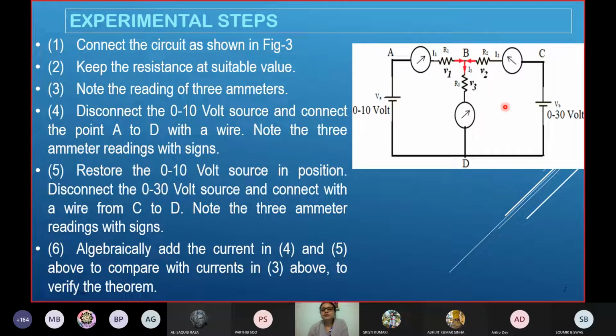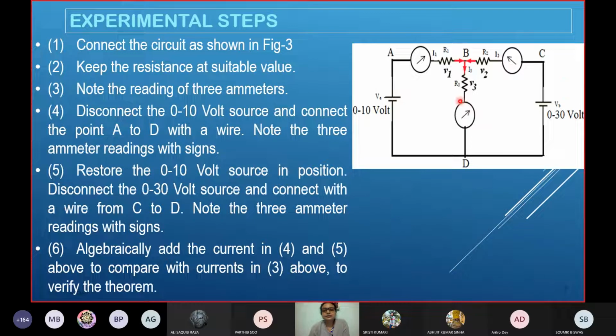Three ammeters are considered over here, connected in series with the resistances. The ammeter to measure the current flowing through R1 is in series here. For measurement of I2, ammeter A2 is in series, and A3 measures the current flowing through R3.